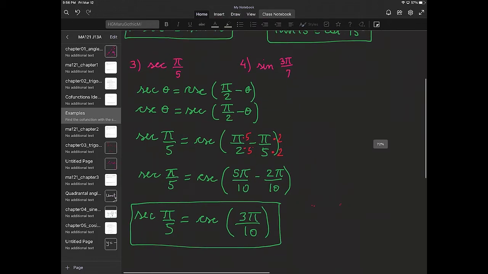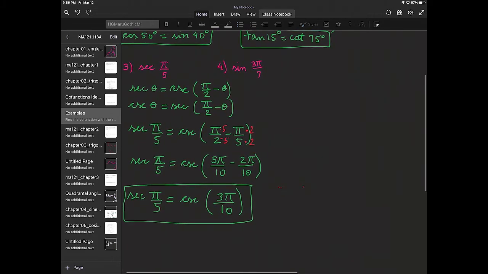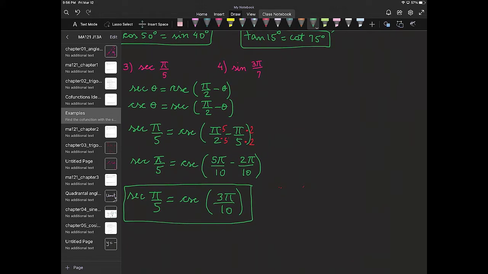For problem number 4, we have sine of 3 pi over 7. We just said that sine and cosine are cofunctions, and again, reminding the equation that describes the relationship of these two cofunctions, sine of an angle theta is equal to cosine of pi over 2 minus the angle theta.